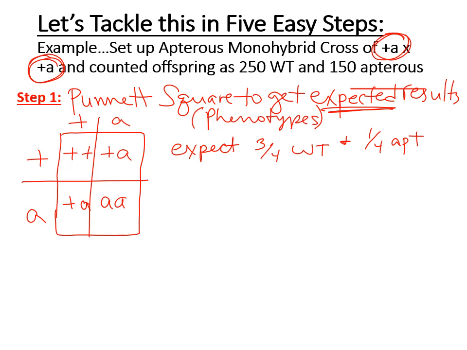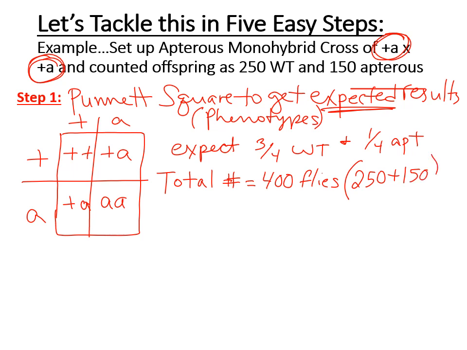That means that the total number of offspring that the cross yielded was 400 flies. The way you got that is 250 plus 150 offspring flies.